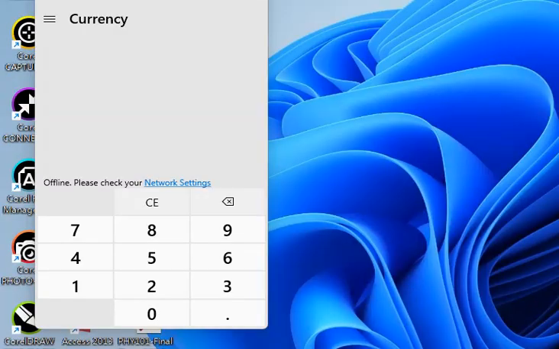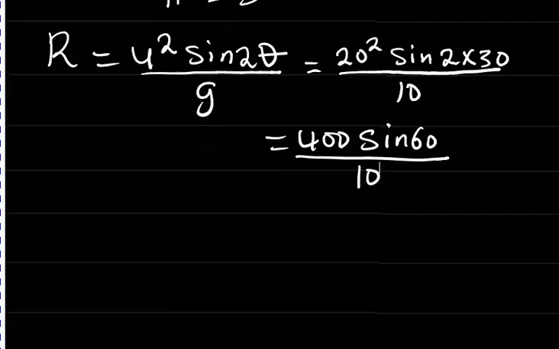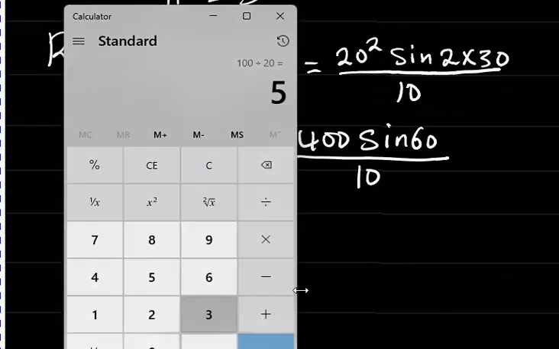So this is going to be equal to sine 60, which is approximately 0.87, times 400, then divided by 10.